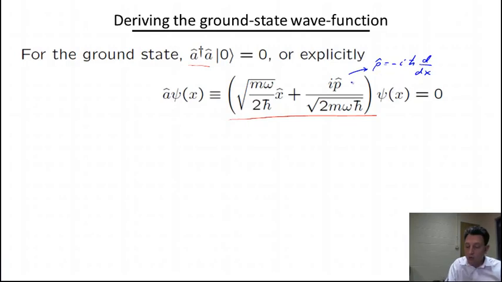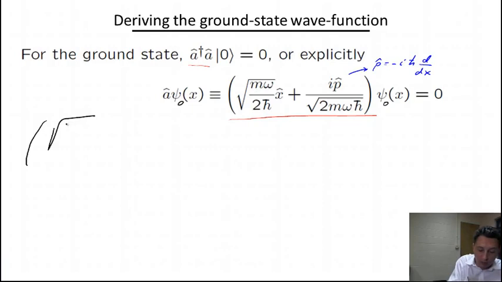Therefore, I will simply remove the imaginary constant. So all in all, I should have written psi naught here, because I'm specifically talking about the ground state of the harmonic oscillator. So explicitly, the equation for this psi naught becomes the following.